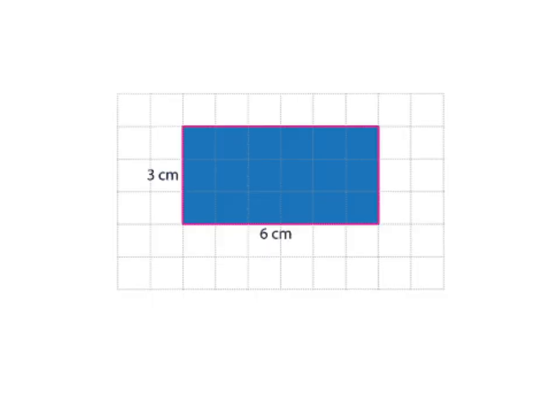Here's another one, a blue rectangle written upon grid paper. If we look inside, we can count 1, 2, 3, 4, 5, 6, 7, 8, 9, 10, 11, 12, 13, 14, 15, 16, 17, 18 centimeters squared that we counted inside of the rectangle to find the area.